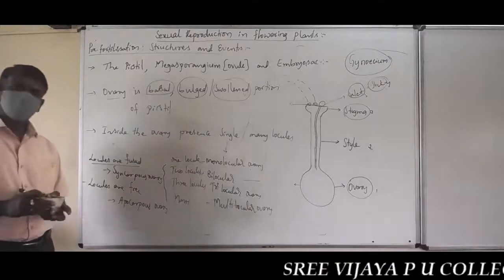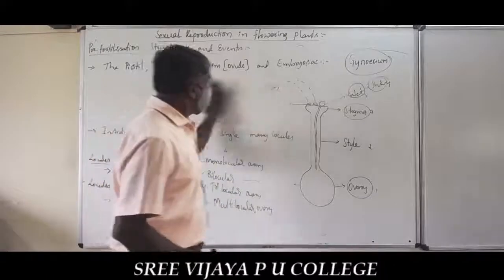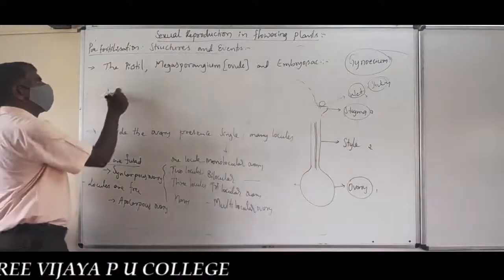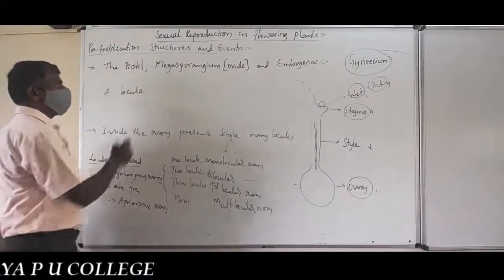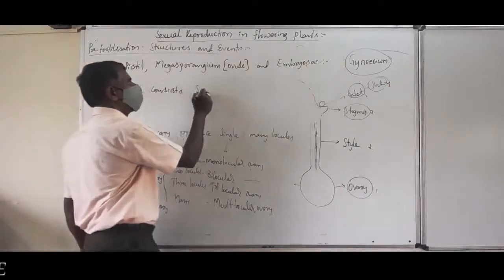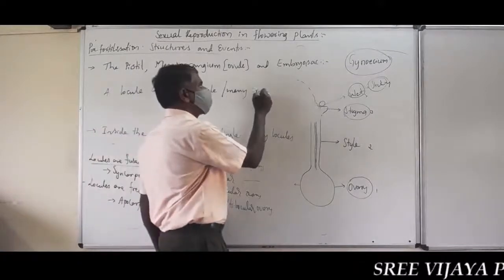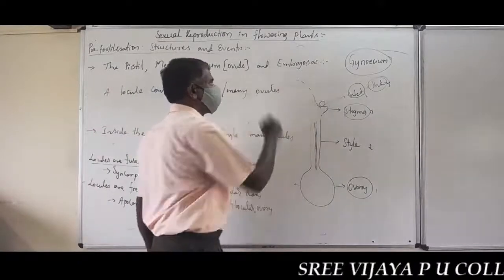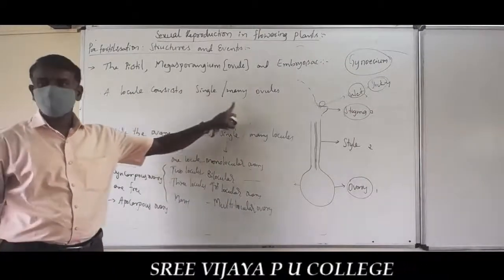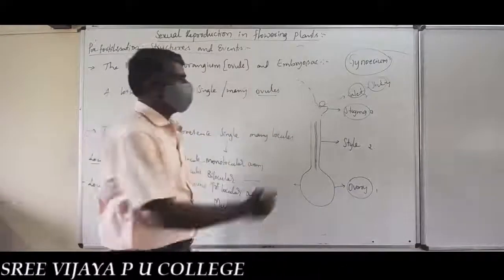Inside the ovary, each locule consists of either single or many ovules. These ovules develop as seeds after fertilization.